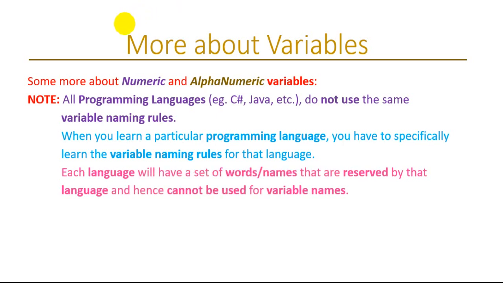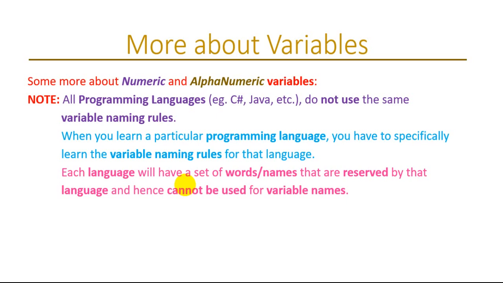In addition to that, you have to remember each language will have a set of words or names that are reserved by that language, because those words may be used by the language for doing certain things. As such, we are not allowed to use those names as variables. In addition to the rules I told you about earlier, these are called reserved words, and these reserved words also cannot be used as variable names.